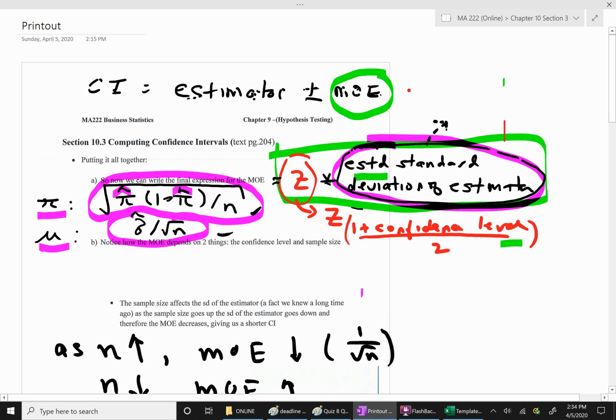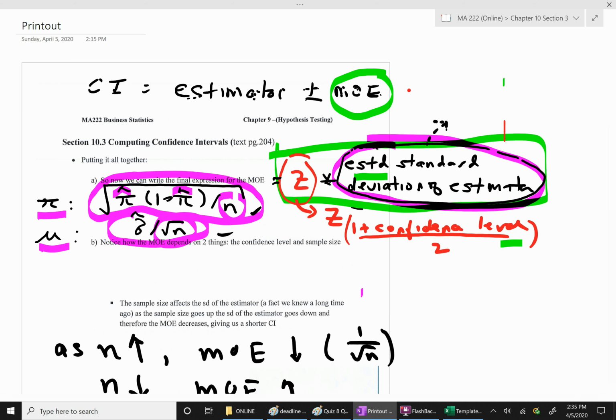Okay, now it's important to understand how the confidence level and how the sample size come into the margin of error, what they do with it. So notice here what's happening as the sample size increases. As the sample size increases, the standard deviation of the estimators goes down. And we've known this since chapter 3. Way back in chapter 3, we made this observation that as the sample size gets larger, the spread of those estimators has to decrease.